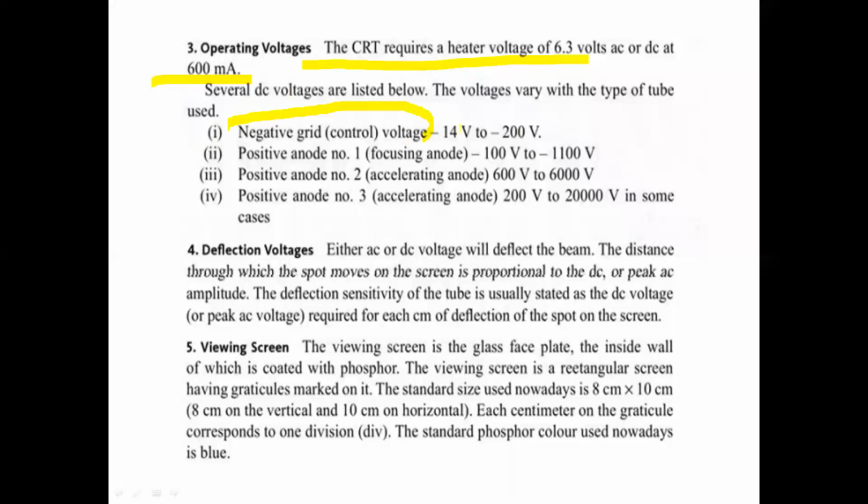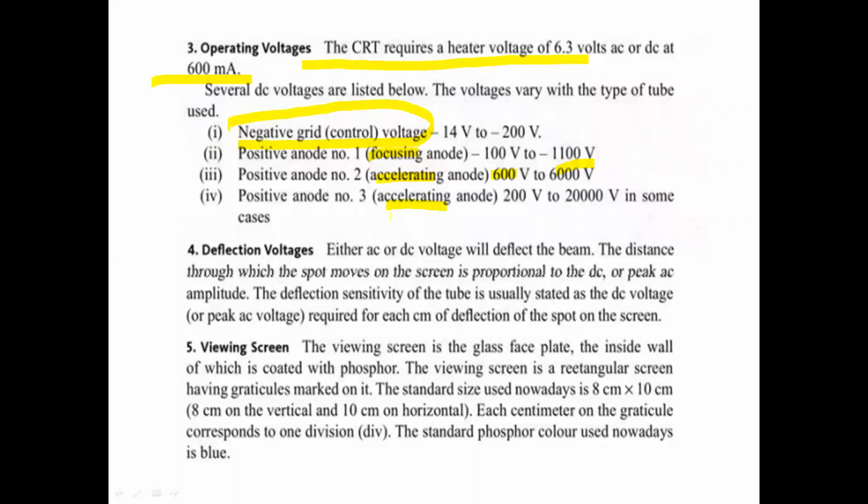So that negative voltage range is -14 volts to -200 volts. సో మనం 3 యానోడ్స్ యూజ్ చేస్తాం. ఒకటి ఫోకసింగ్ యానోడ్, ఒకటి ప్రీ యాక్సిలరేటింగ్ యానోడ్, ఇంకొకటి యాక్సిలరేటింగ్ యానోడ్. సో ఫోకసింగ్ యానోడ్కి అయితే కనుక -100 volts to -1100 volts. Even though it is an anode, we are giving the negative voltage. Okay, అలానే ప్రీ యాక్సిలరేటింగ్ యానోడ్ అయితే కనుక 600 volts to 6000 volts.